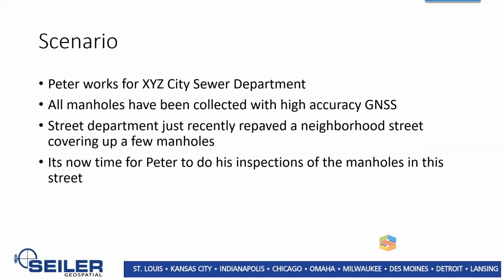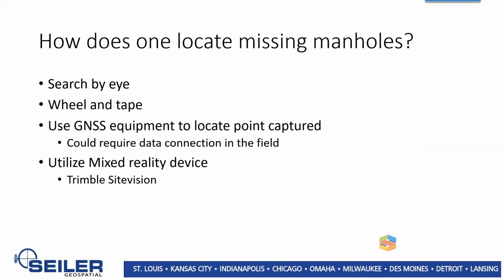Well, recently the street department came through the neighborhoods and paved over a couple manholes. So Peter has to go out there and locate these manholes, and where one of these manholes should be, it has now been covered over with asphalt. So how can Peter locate these missing manholes?